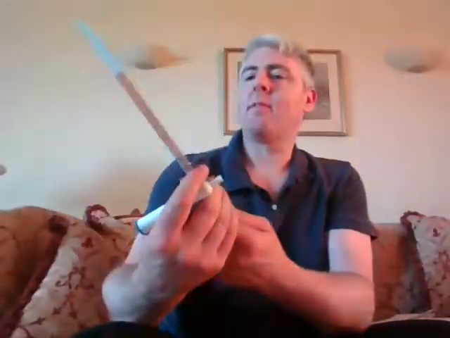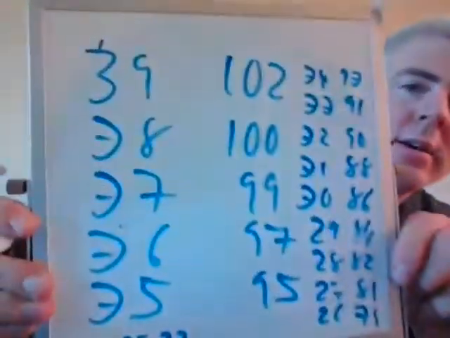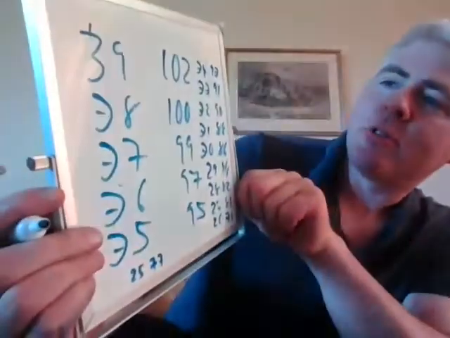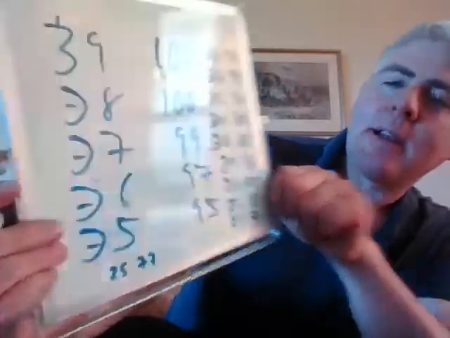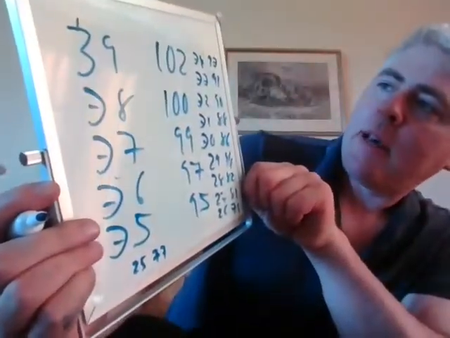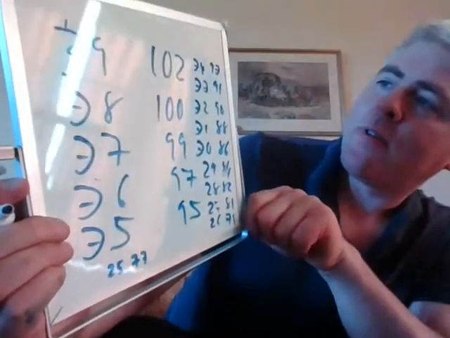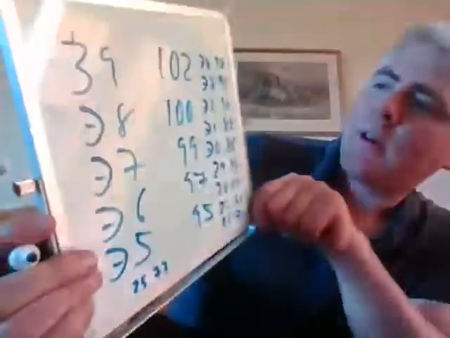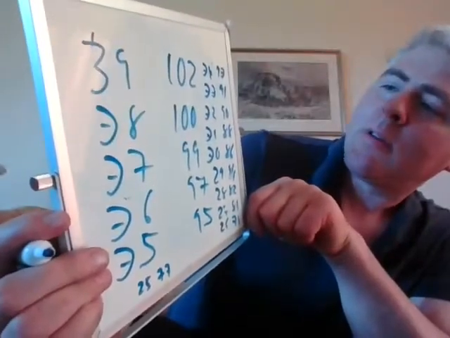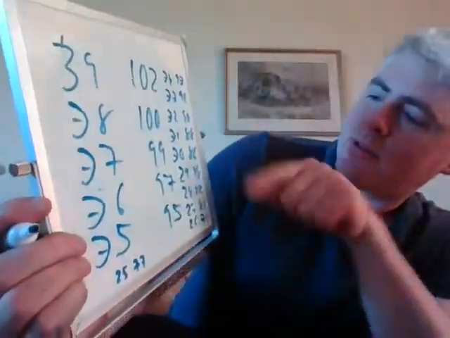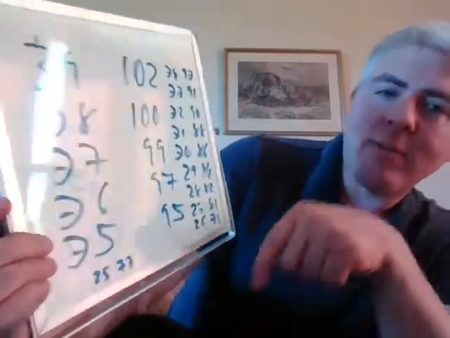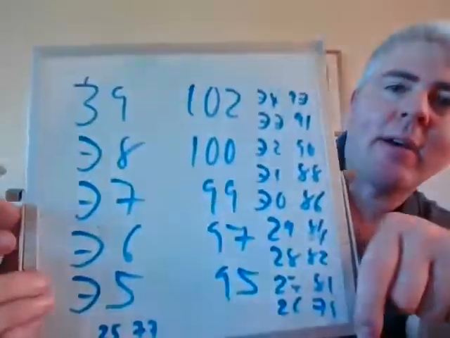And on this side, I've got that. So the centigrade is 39, and Fahrenheit is 102. 38 centigrade and 100 Fahrenheit. And on these ones here, 34 is centigrade, 93 is Fahrenheit. 33 centigrade, 91 Fahrenheit. 32 centigrade, 90 Fahrenheit. Yeah, so the column goes down. 29 is 84. 27, 81, 25, 77, yeah, 25 centigrade, 77 Fahrenheit.